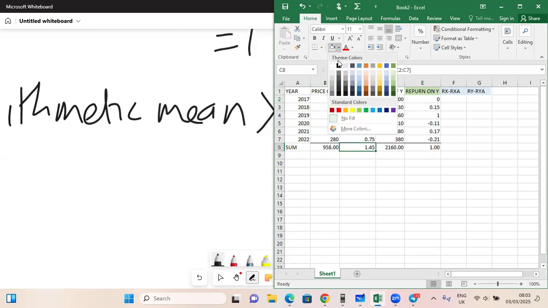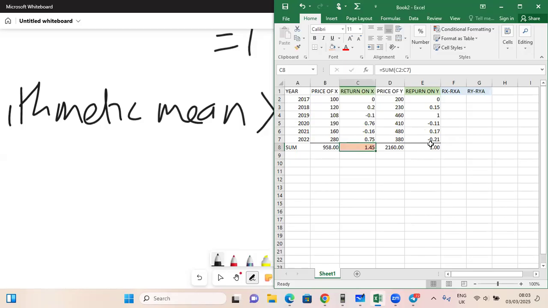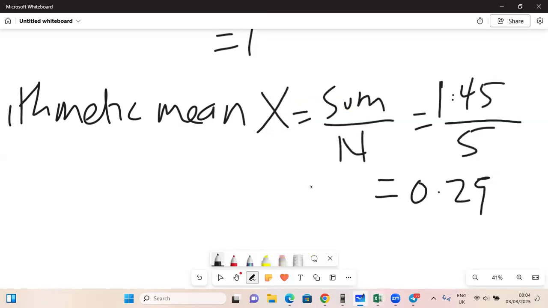Now, we do the same thing for the arithmetic return for assets X and Y, the return on asset X and the return on asset Y. So we do the same thing here.